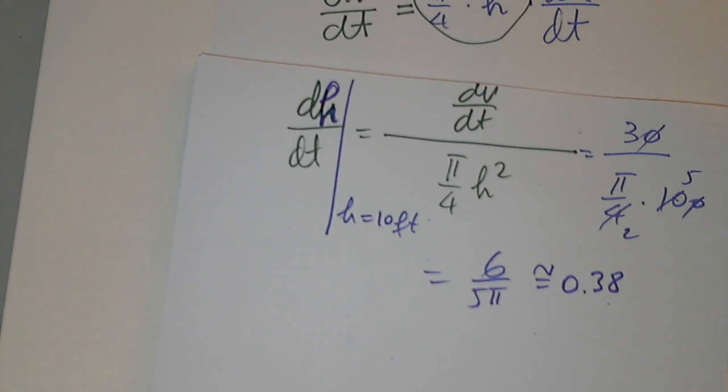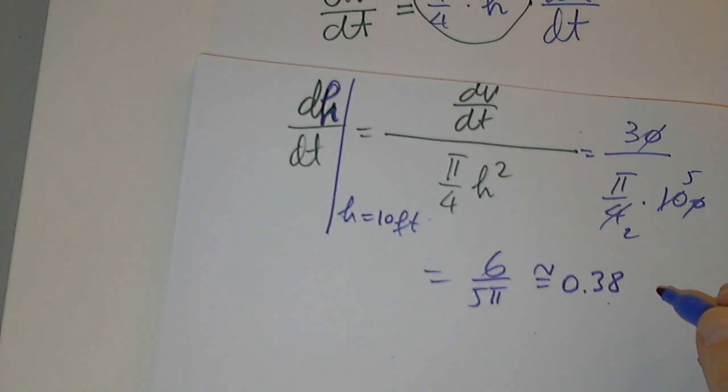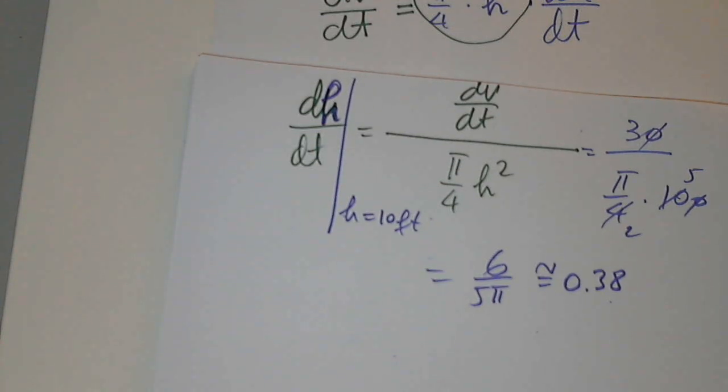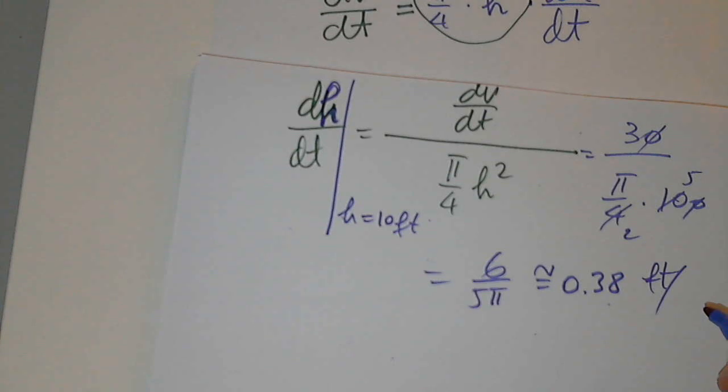It's the rate of change of distance with respect to time. So it would be feet. I'm gonna say feet cubed per minute.